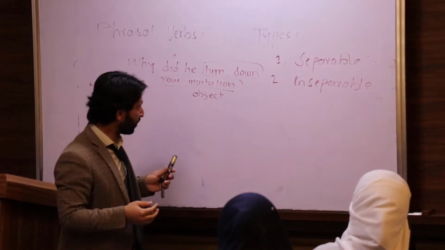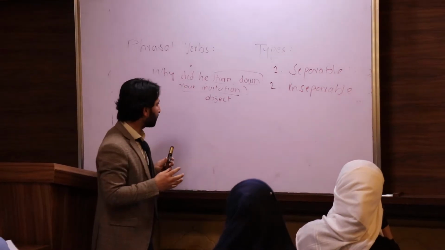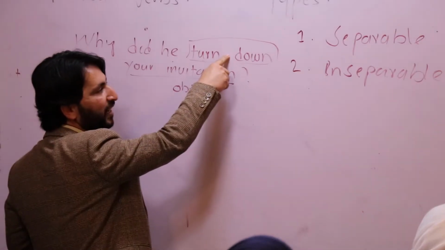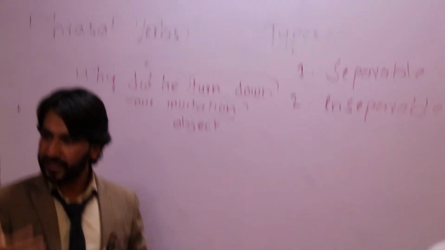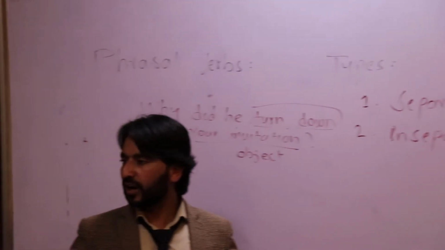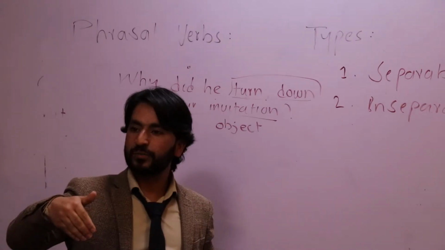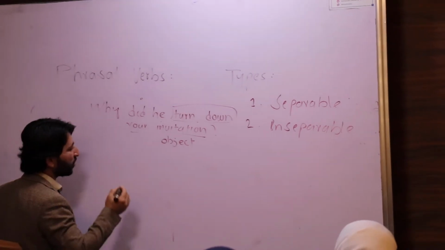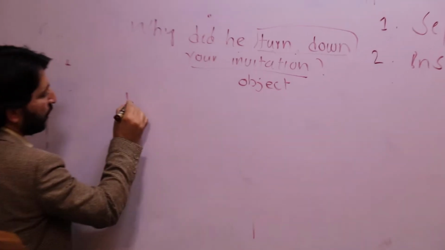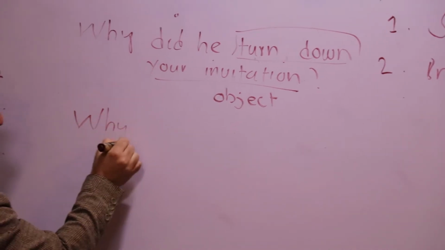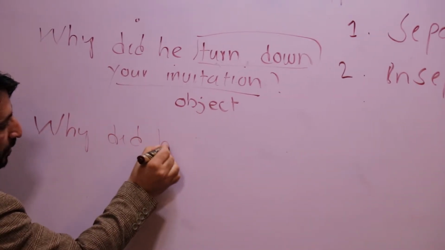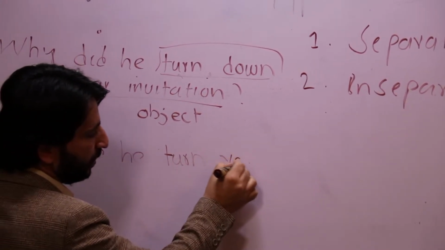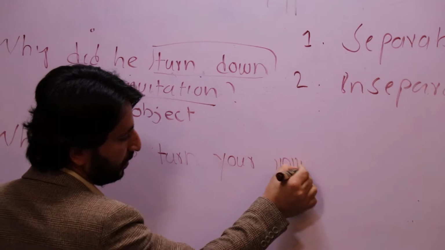In this sentence we have an object. If we would like to include this object between the verb and the particle, we can do that. And it's very common to insert the object between the preposition and the verb. We can rewrite this example this way: why did he turn your invitation down?